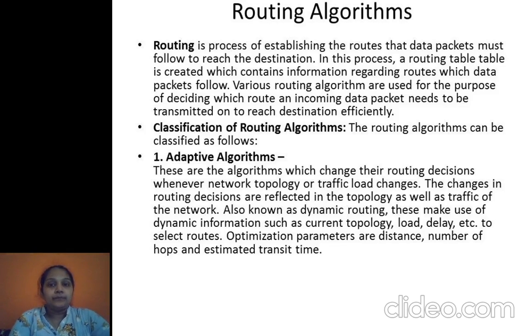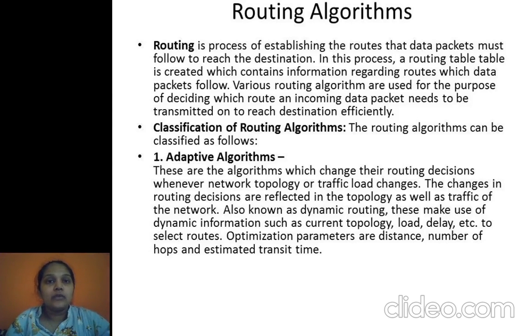Next, dynamic information such as current topology, load, delay, etc. is used in this adaptive algorithm. Third, we call this adaptive algorithm a dynamic algorithm. And the optimization parameters that the adaptive algorithm uses are distance, number of hops, and the estimated transit time.